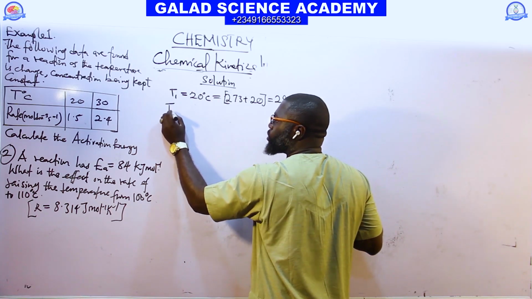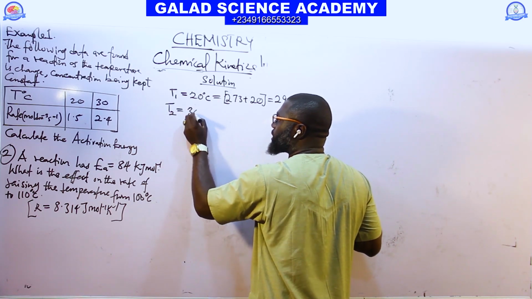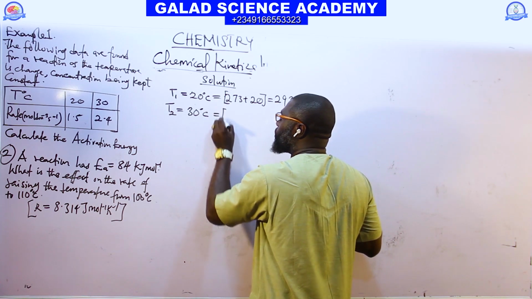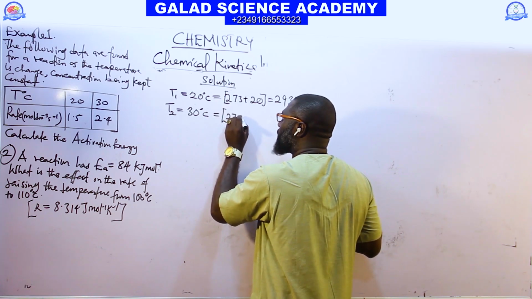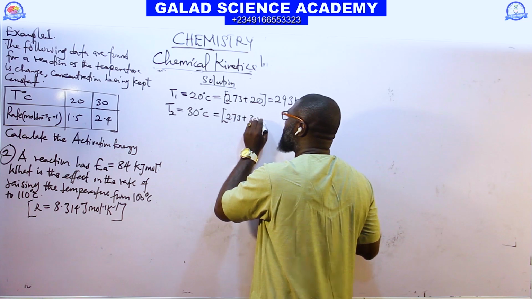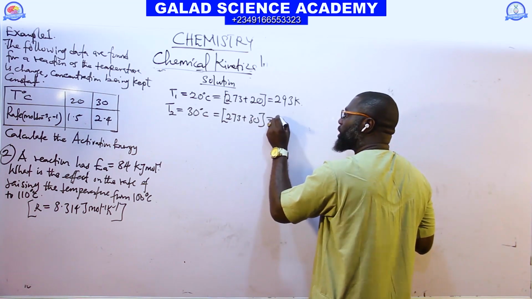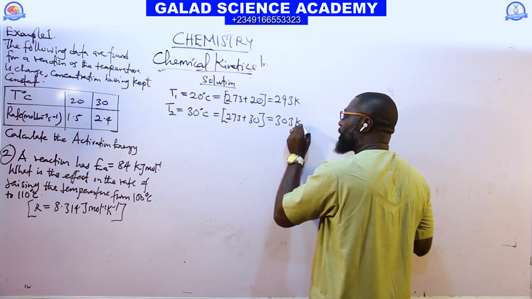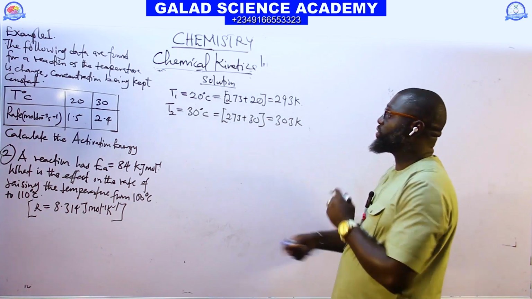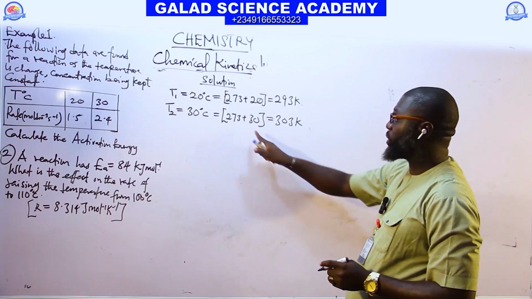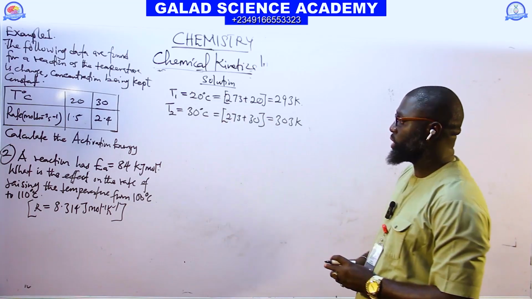And T2 is 30 degrees C, which is 273 plus 30, added together to give us 303 Kelvin. So for conversion of Celsius to Kelvin, you add 273.